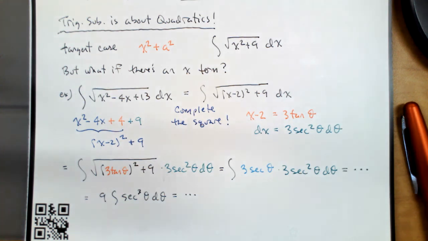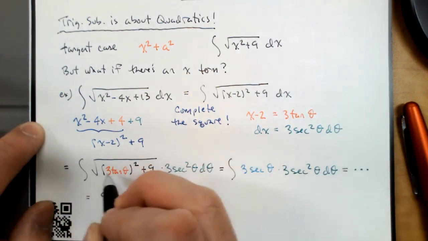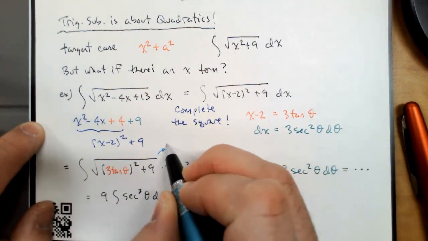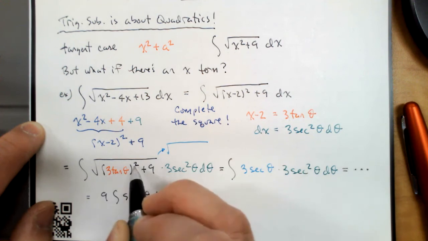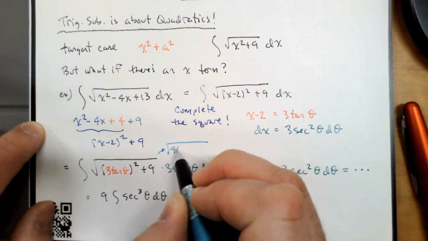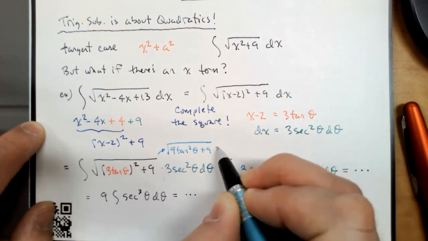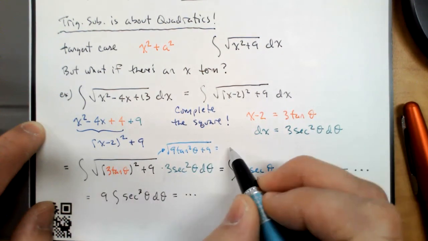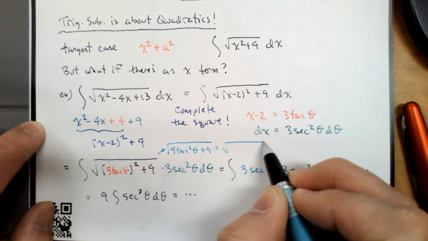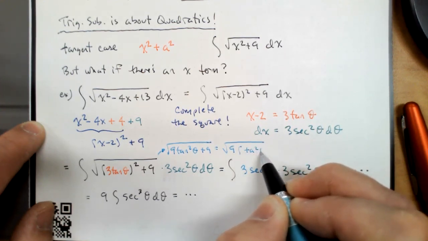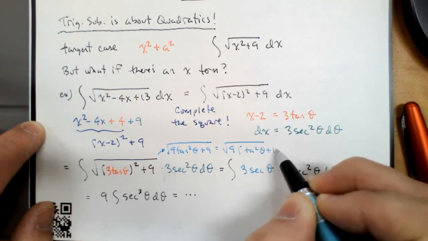The blue one? Yeah, that comes from this part here, the square root part. This is going to be the square root of 9 tangent squared plus 9. Then we can factor out the 9. And it'll be a tangent squared theta plus 1.